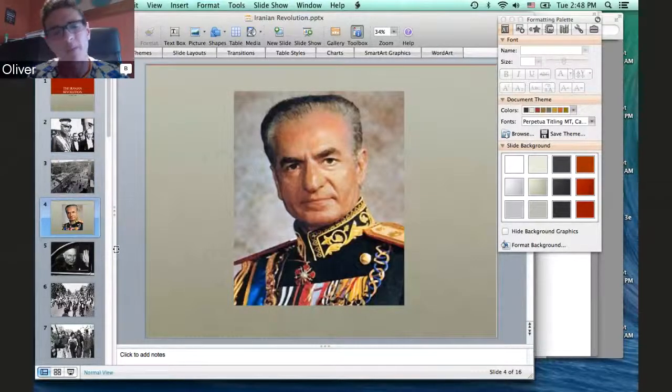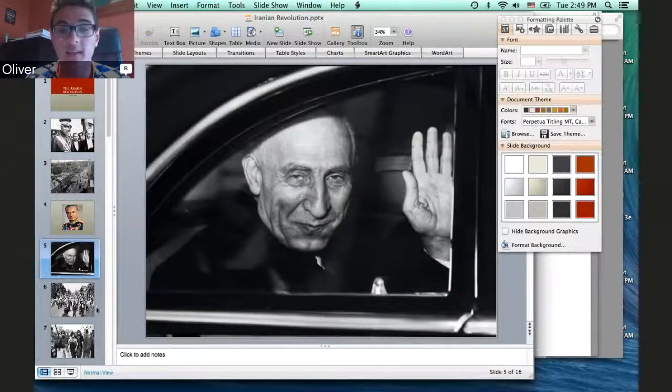So in the period from about 1943 to 1953, there was huge commotion within Iran. There was huge instability, and the Shah really didn't have complete control over the affairs of the nation. Next slide.